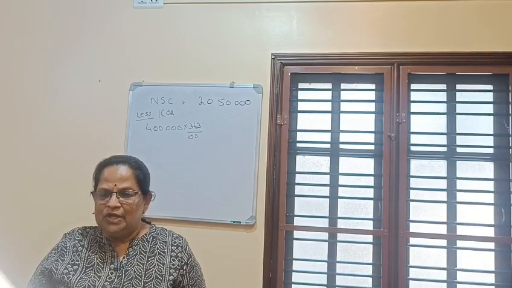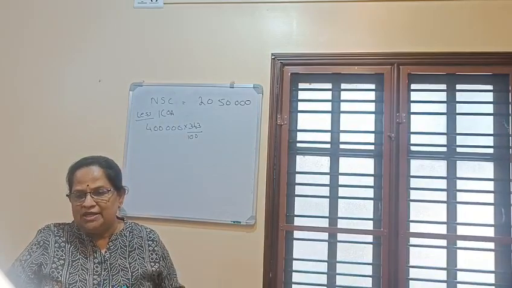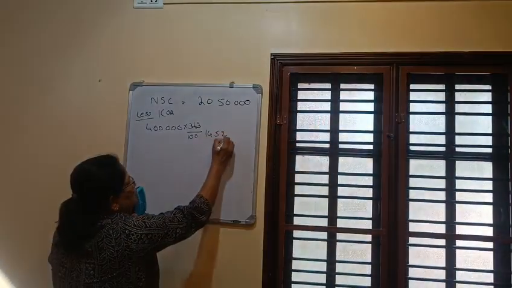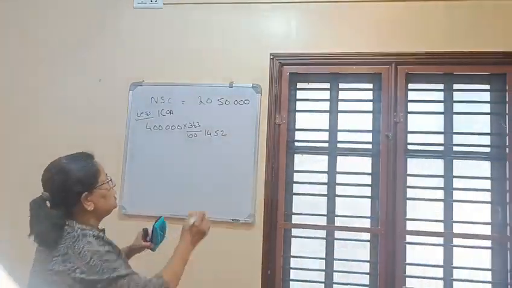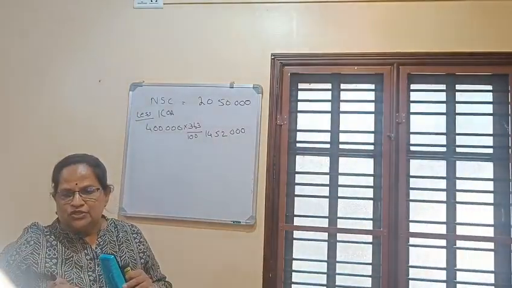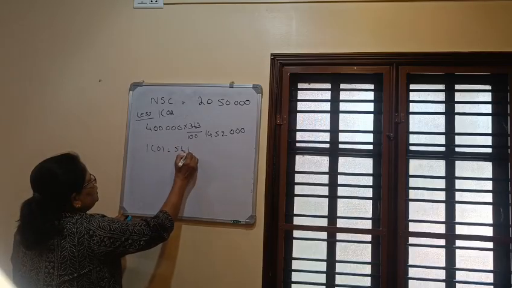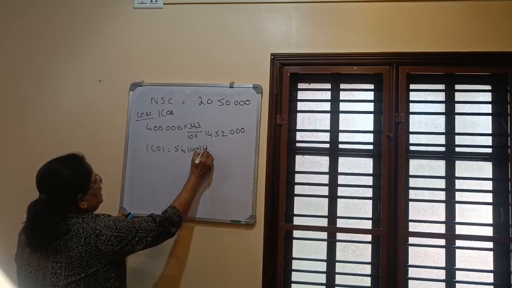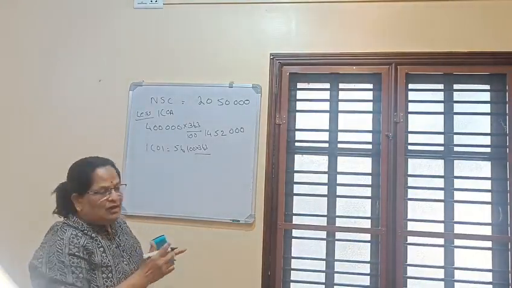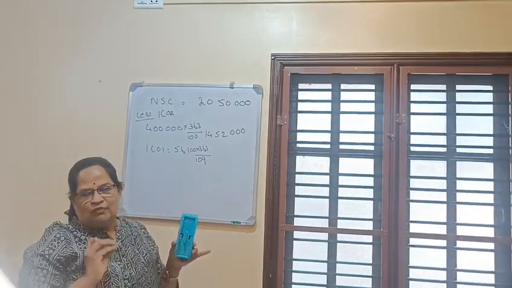Now we have to compute. So I have explained net sale consideration, cost of acquisition, index cost of acquisition. When you do this, you will get 14 lakhs 52,000. Now index cost of improvement: 56,100 into 363 divided by the index, which is 109.